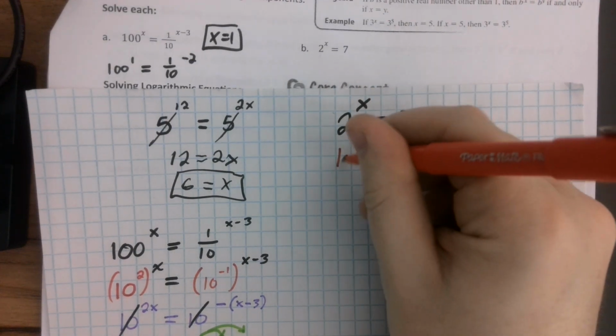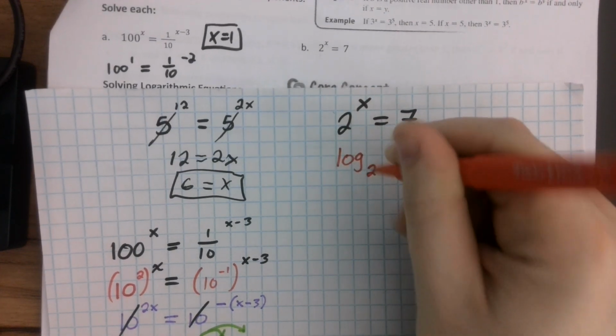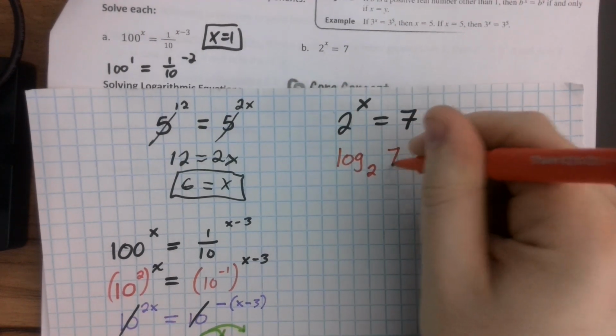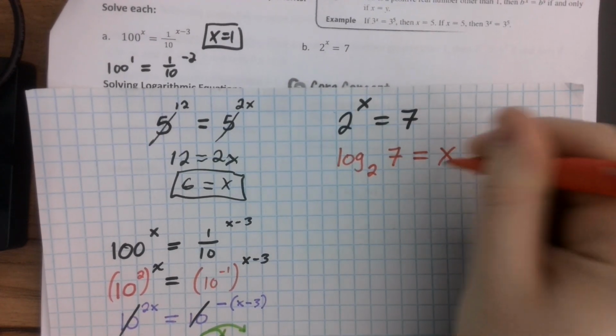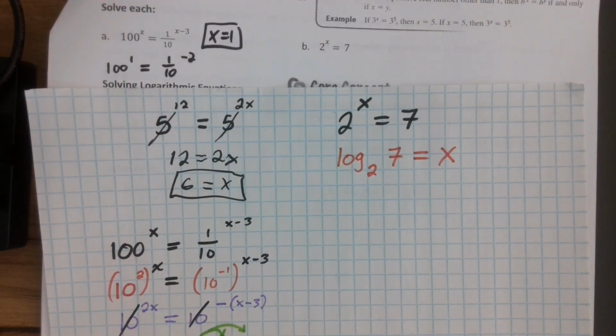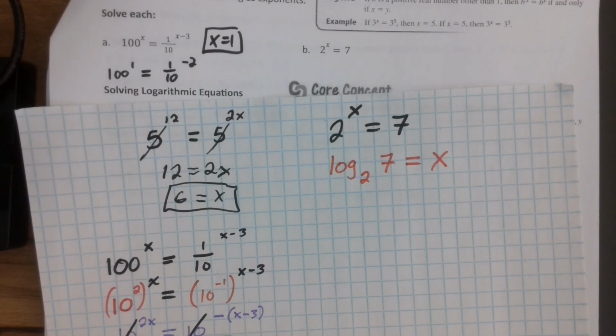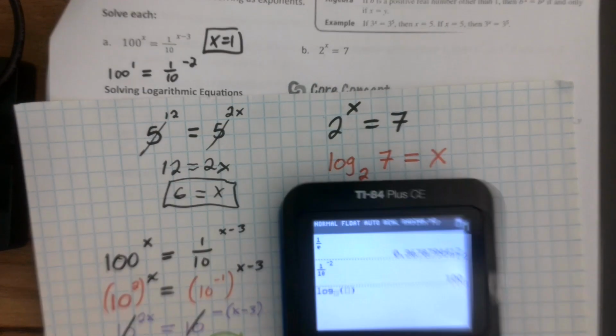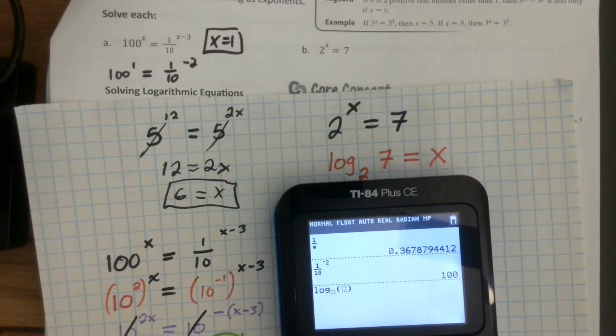So, if we write this as a logarithm, the base is 2, because that's the number on bottom, the argument is 7, and the exponent is x. Log base 2 of 7 will equal x, or log base 2 of 7 is our answer. No wonder this is difficult to find. This is going to be a crazy decimal. We'll have to use our calculators for this one.